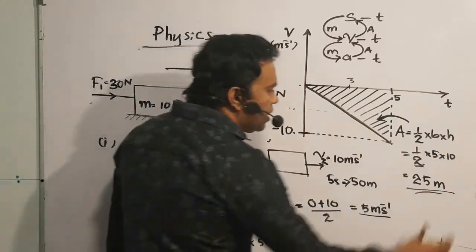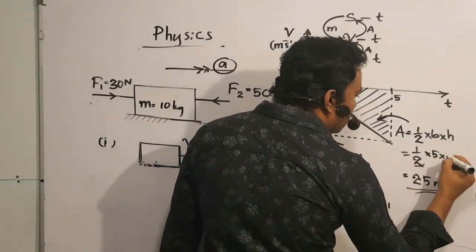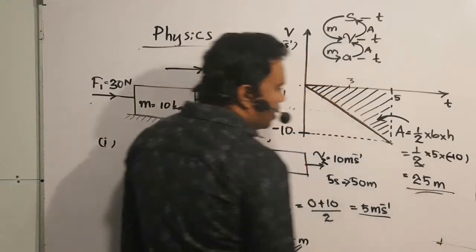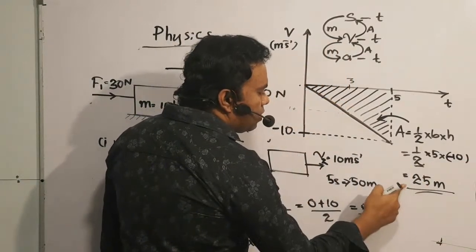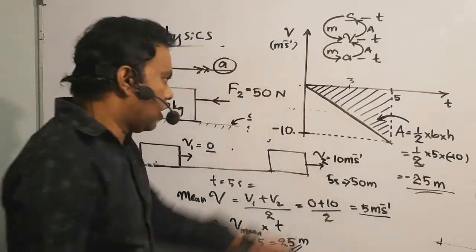Okay, so you can see here that's minus 10, this minus 10 value. Now you can understand. So then the answer becomes minus 25 meters according to this graph.